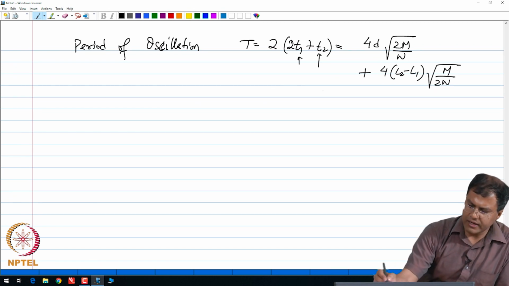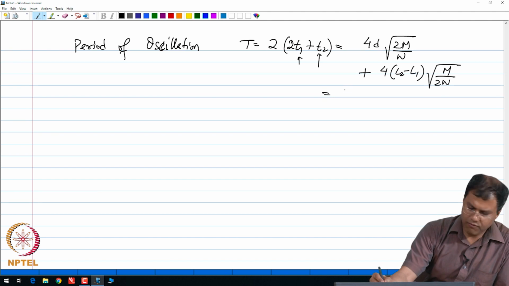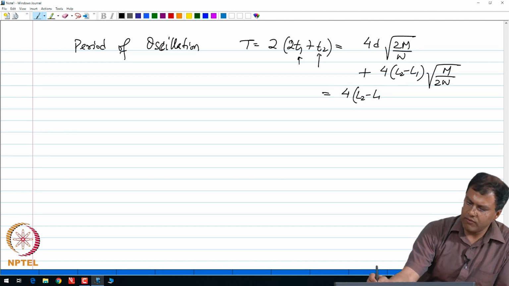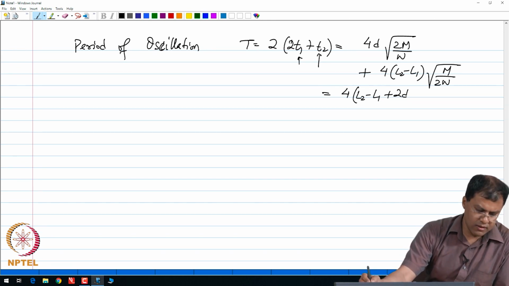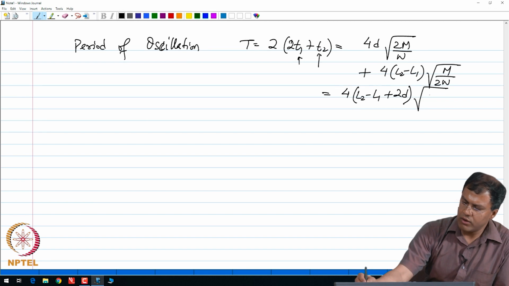I see that my T comes out to be 4 times (L2 minus L1 plus 2D) times square root of m by 2W.